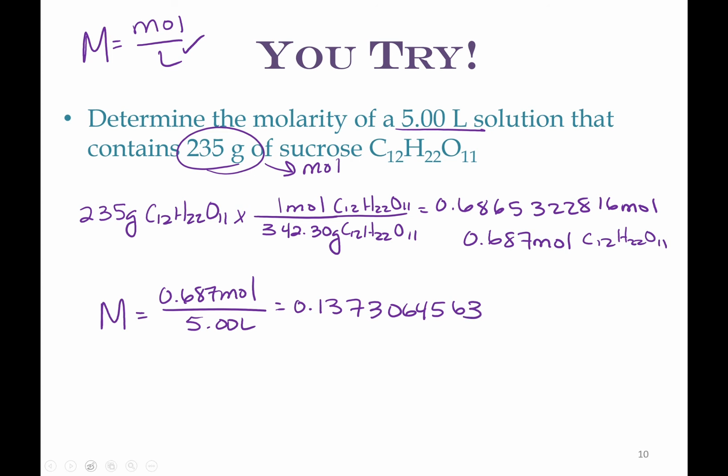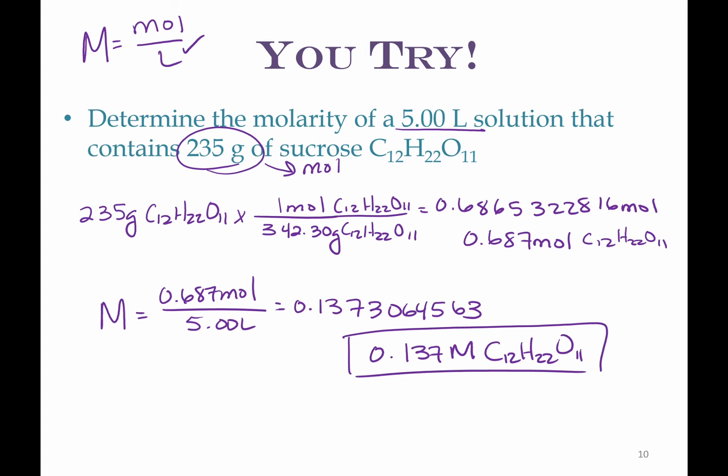If you're finding that you're getting a different number than what I just got, I did not round this in my calculator. So that is why. We round this now and we get 0.137 molar sucrose, or C12H22O11. 3 significant figures for both those numbers, so that looks good.